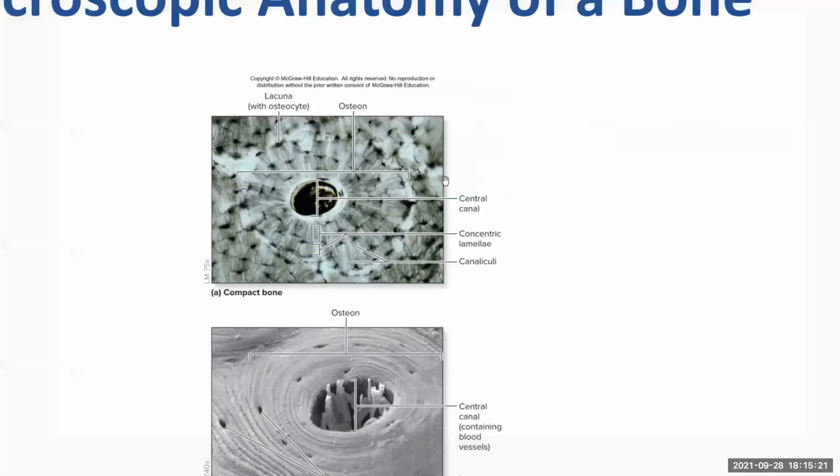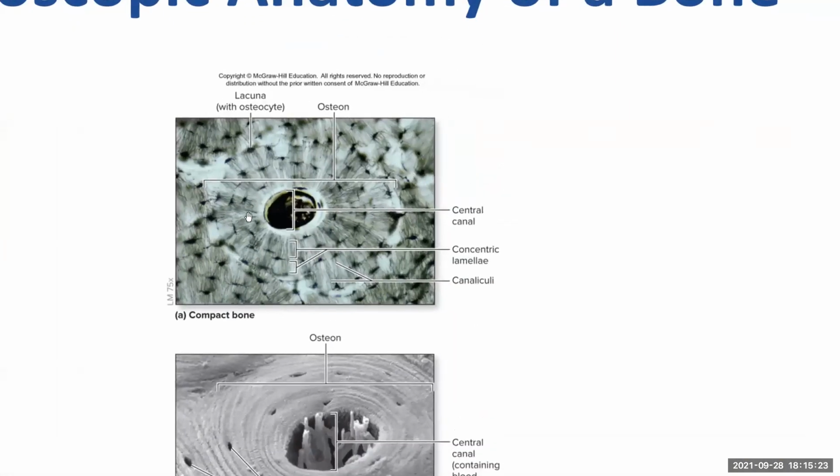So if you see here, let me zoom in. Here's a regular microscopic picture, and you can see the black dots there. At the center here, there's our central canal. That's where our blood vessels and nerves are going to be. And then you've got the lacunae scattered all around, with the osteocytes inside of them. And you see all these little black lines that are coming from the lacunae.